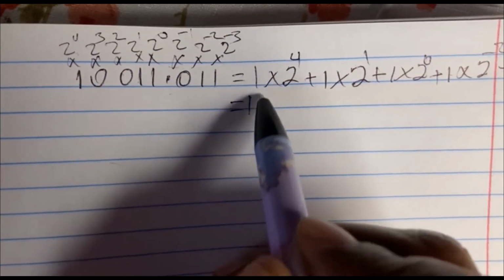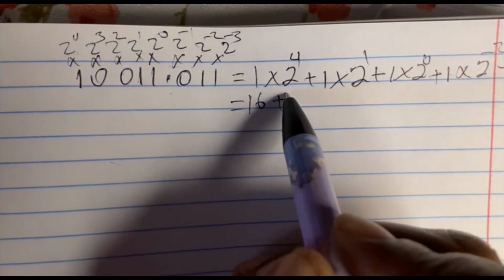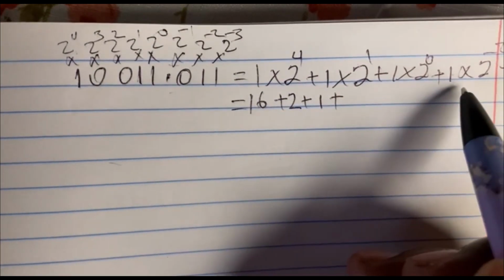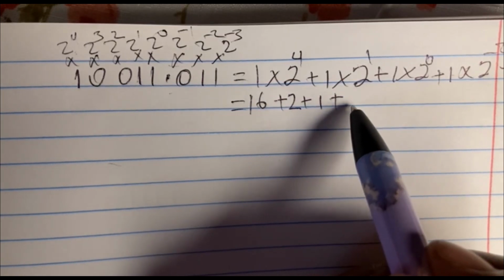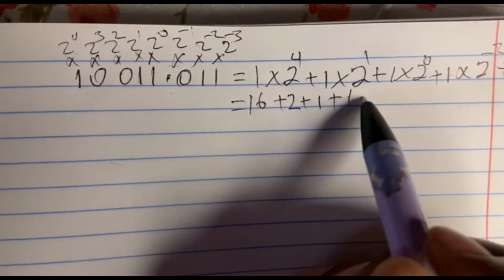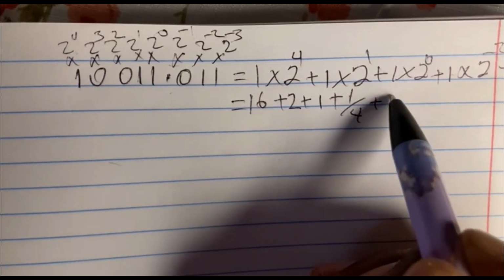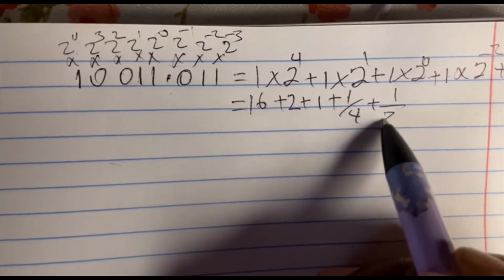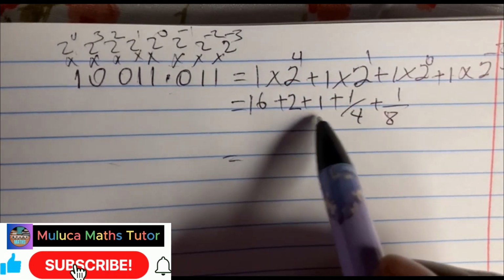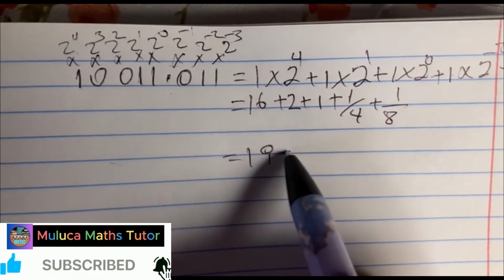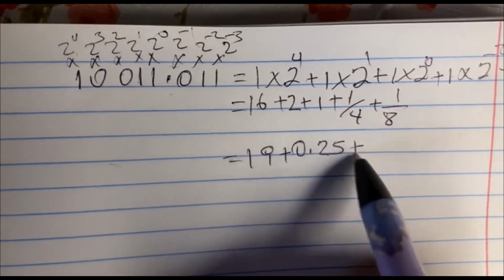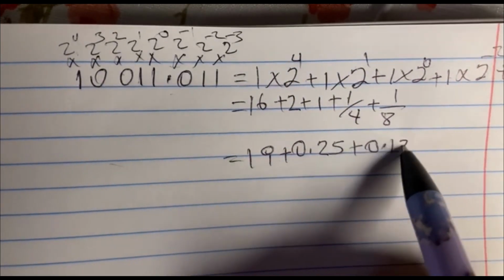Okay, and to the power of 4 will be 16, to the power of 1 will be 2, to the power of 0, 1, to the power of -2 is 1 over 4, that will be 1 over 8. So this will be 16 plus 2 plus 1 is 19, plus 1 over 4 is 0.25, 1 over 8 is 0.125.